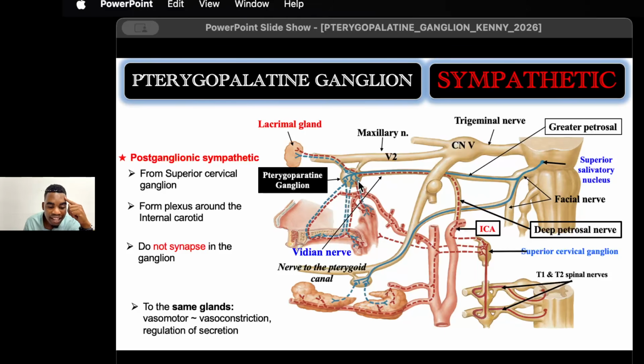And these fibers do not synapse within the pterygopalatine ganglion because they are already postganglionic. They are already postganglionic sympathetic. Why? Because they have their own ganglia, which is called the superior cervical ganglion.